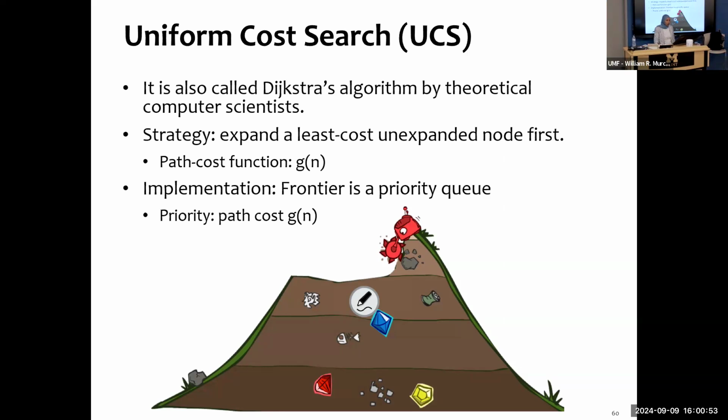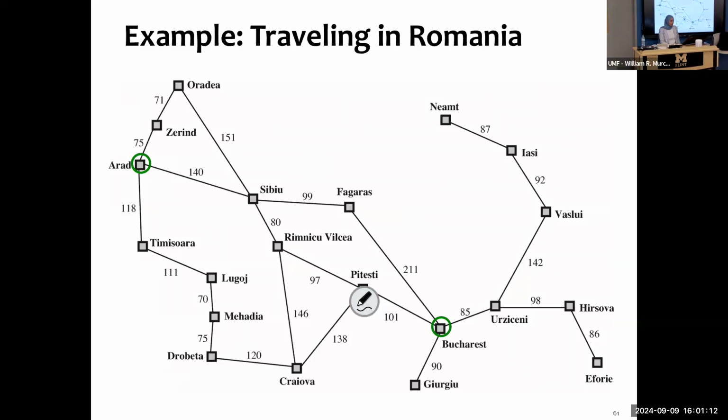We are going to denote G of n, the path cost function, and then implement the priority of this function in the queue, the frontier structure, also with G of n. So how are we going to approach this problem?